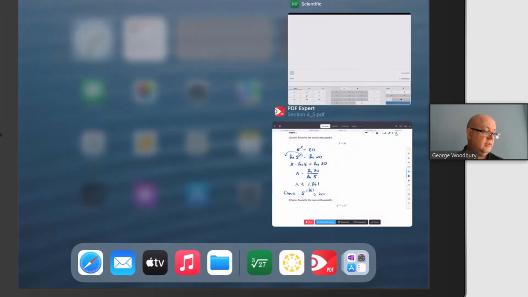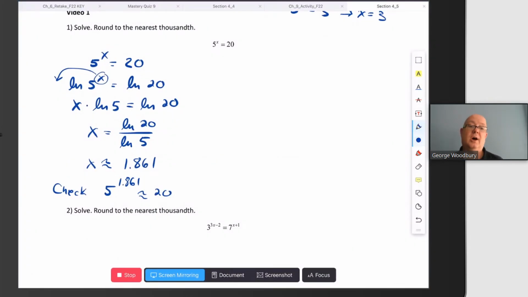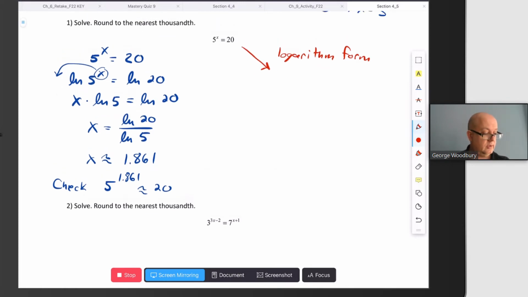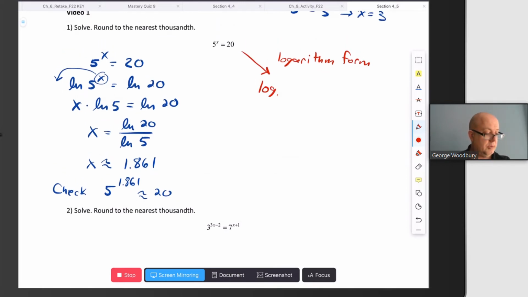Now I mentioned that there is more than one thing that we can do. Another thing that we could do that's not the most efficient is to rewrite this in its logarithm form. And so the logarithm form is log base 5, because 5 is the base.